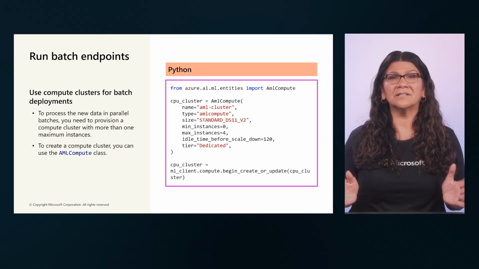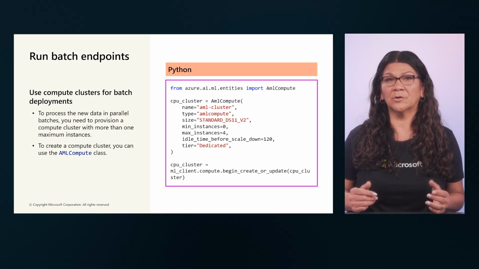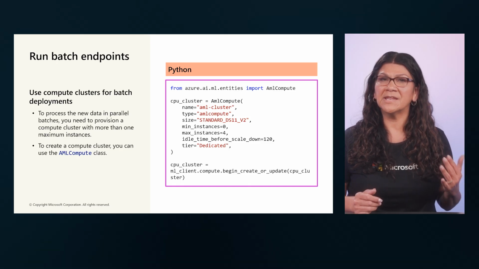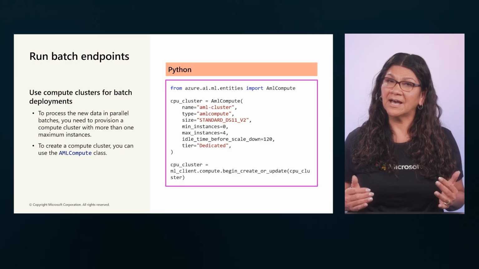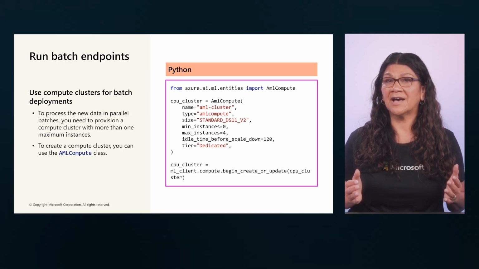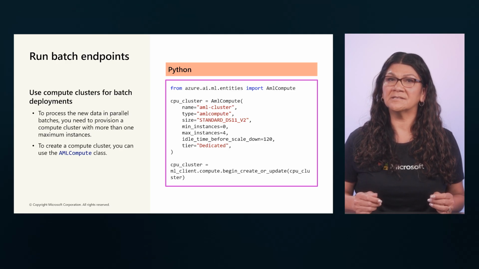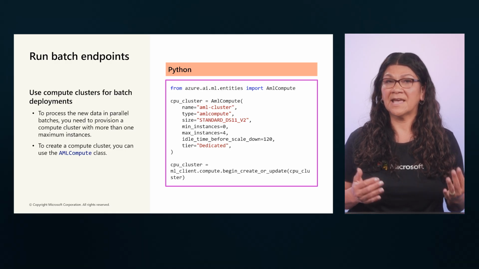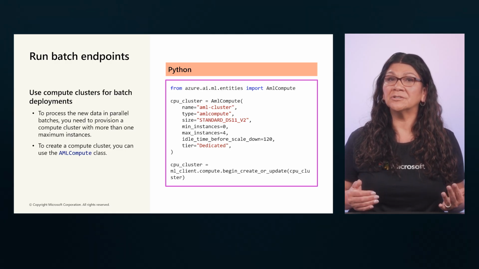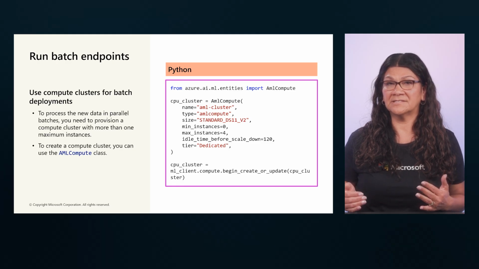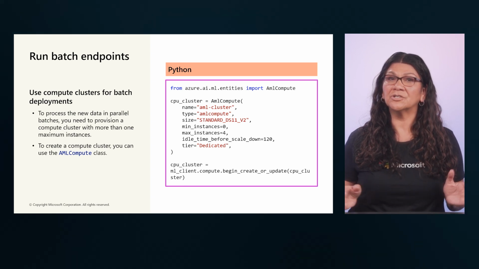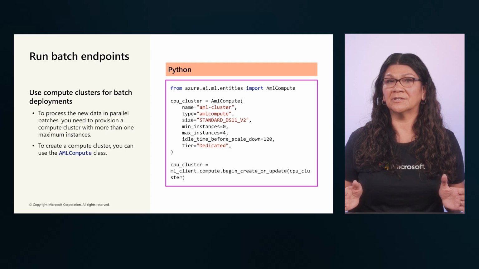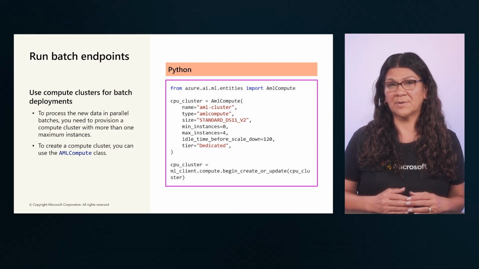In the example, the cluster can scale from 0 to 4 nodes, automatically spinning up compute when a batch job runs and scaling down after 120 seconds of idle time to save cost. The code imports AML compute from azure.ai.ml.entities, defines a compute cluster, and ends with submitting the configuration to create or update the cluster in the Azure Machine Learning workspace.